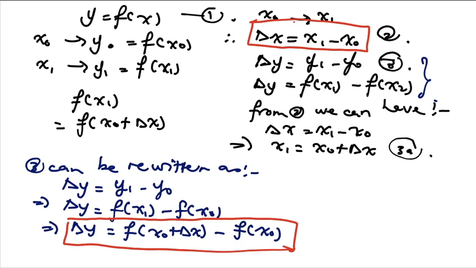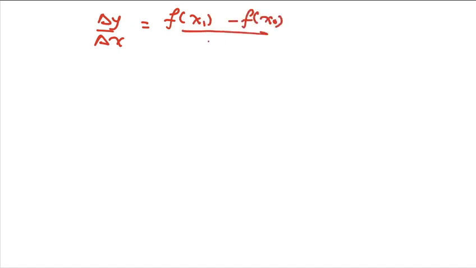So we can have something like this actually. Change in y over change in x is equivalent to, remember, we did say that f of x1 minus f of x0 over x1 minus x0, isn't it?